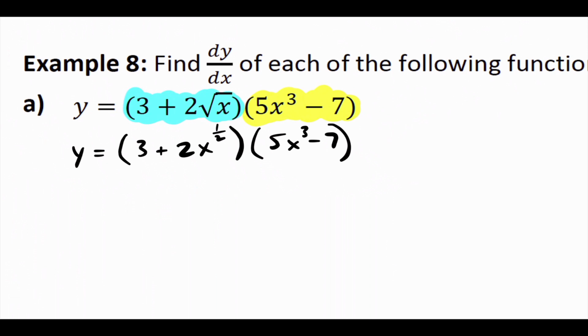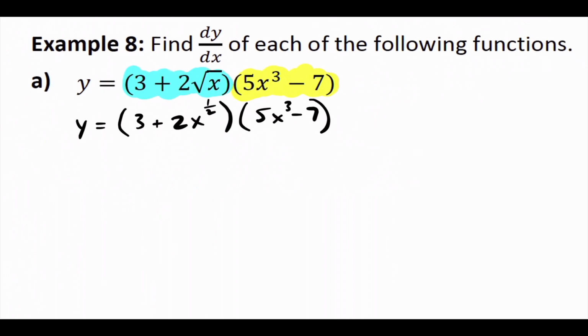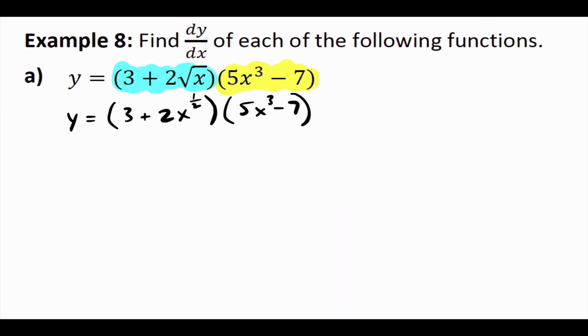I'm going to use the product rule since we're just learning the product rule. Okay, so let's do the product rule now. Product rule says rewrite the first one times the derivative of the second.